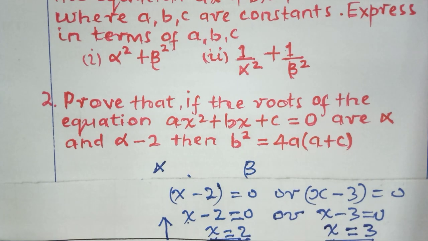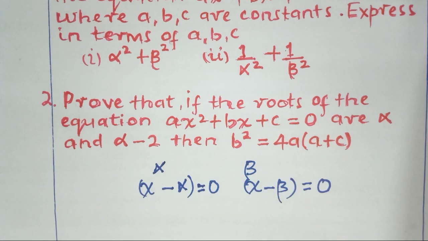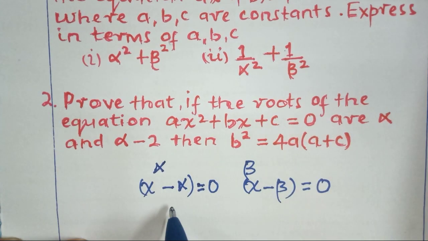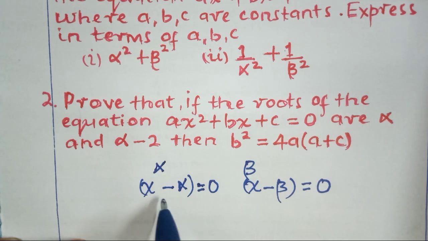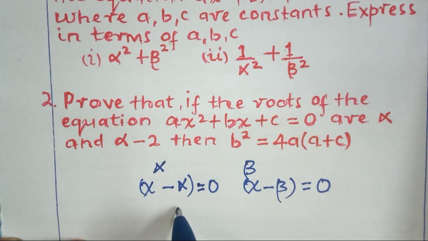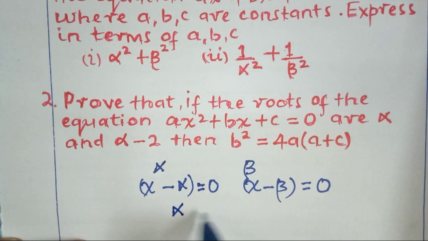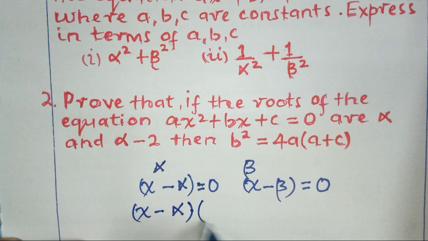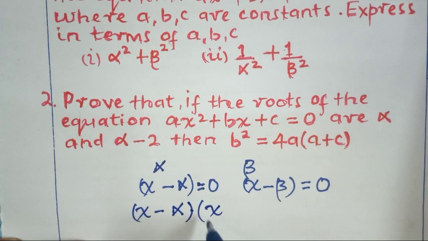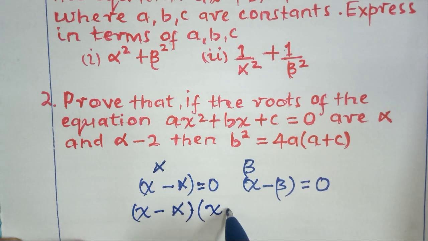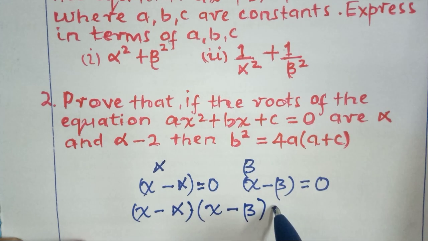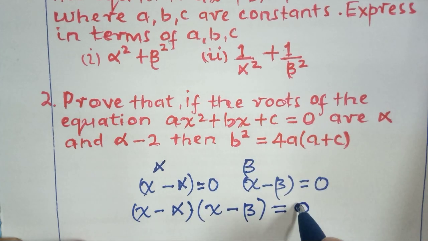That is essentially what I am doing. Then these are our factors now: x minus alpha, and x minus beta. This is now equals to 0.